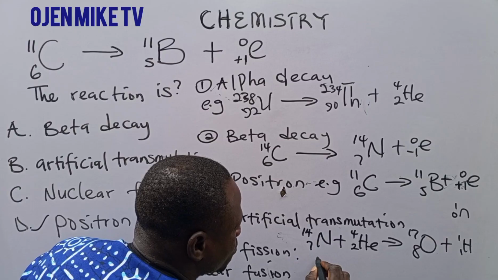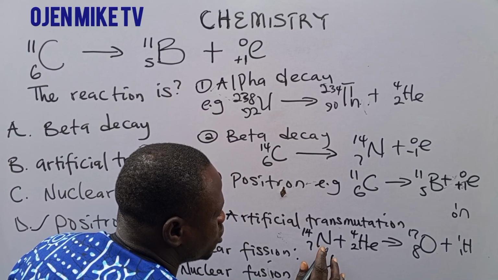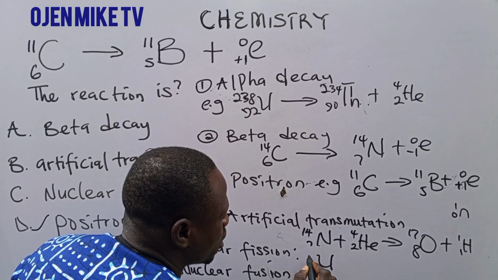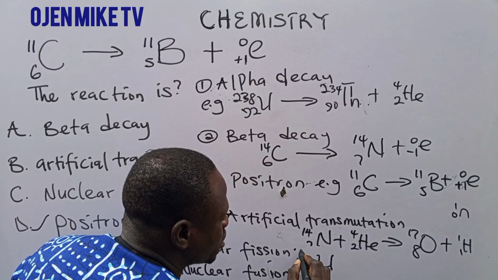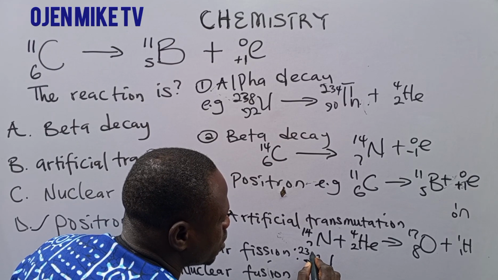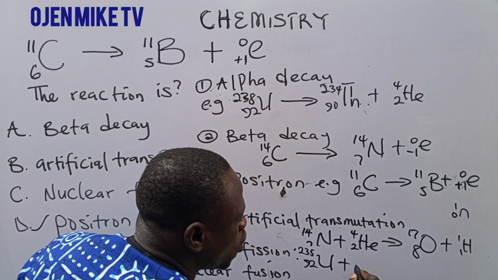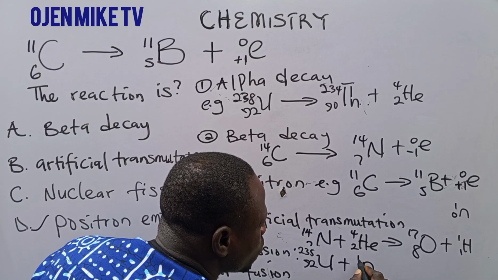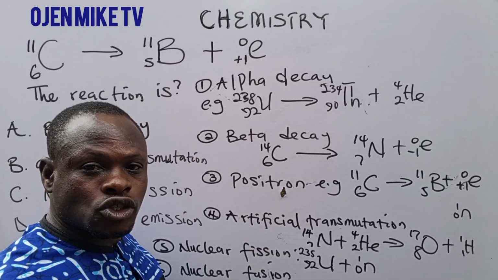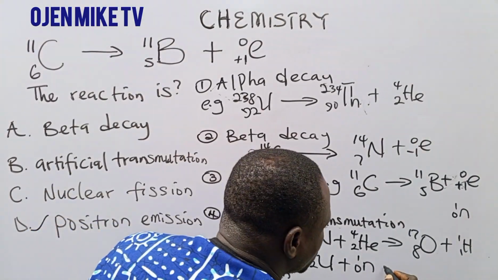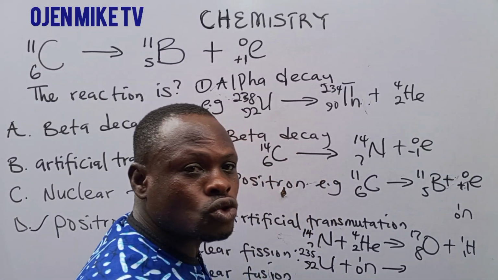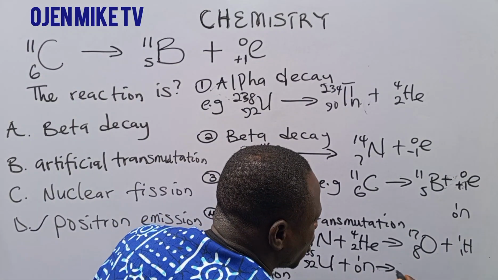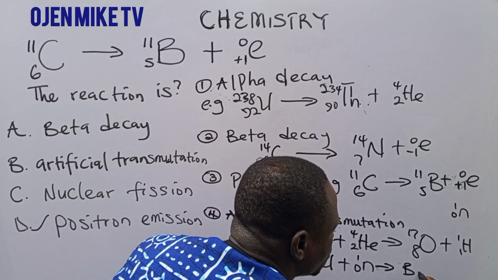We have something like uranium. Uranium will have atomic number 92, mass number of 235, plus a neutron 1, 0. I told you that it will absorb a neutron. When it absorbs a neutron, it will now be changed to what? To barium. All right. We have products like barium.